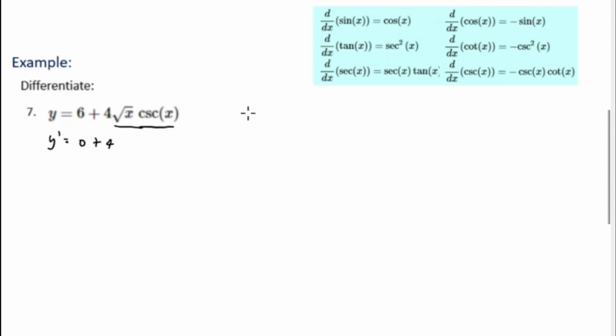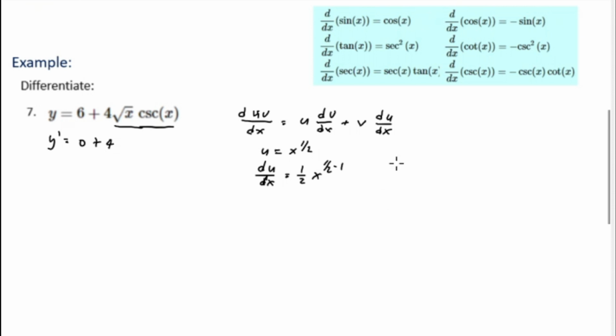So we have d of uv over dx, and the formula u dv over dx plus v du over dx. Then we identify what is u, which is square root of x, or x exponent 1/2, and the derivative du over dx is equivalent to 1/2 of x to the power 1/2 minus 1, using our rule.